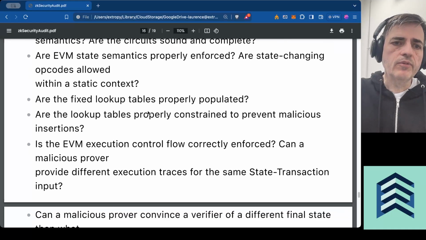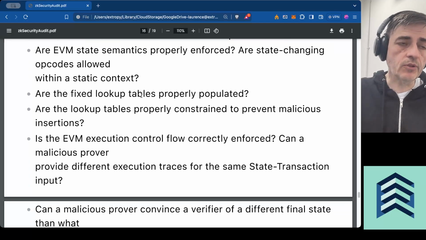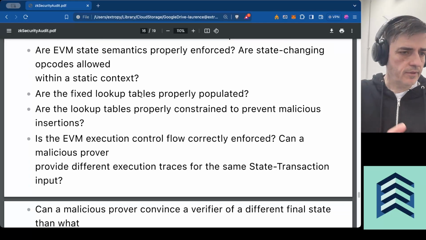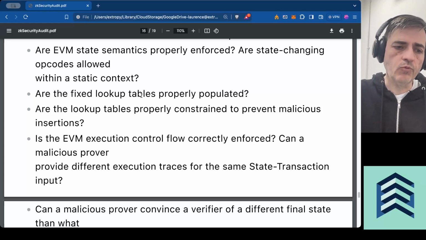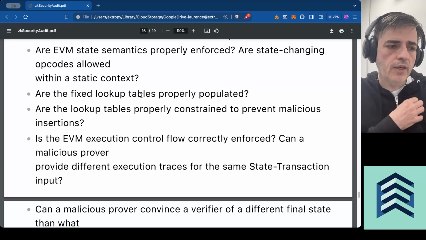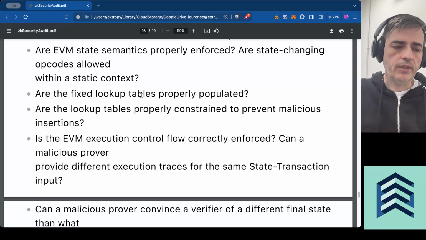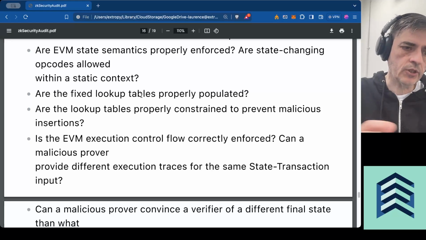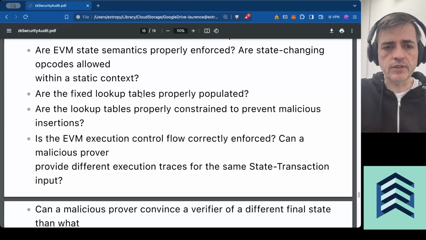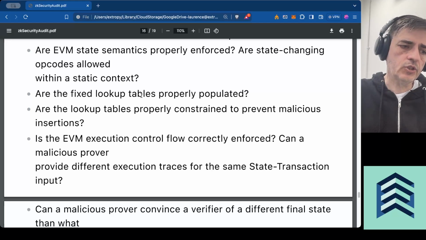The point here of lookup tables. Lookup tables are a zero-knowledge feature. When we are writing circuits, one optimization that we can use is to introduce a thing called a lookup table, where we put in some hard-coded values, and this is often more performant than trying to calculate something.